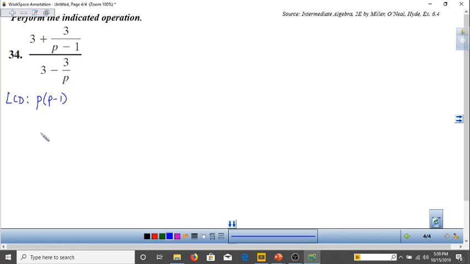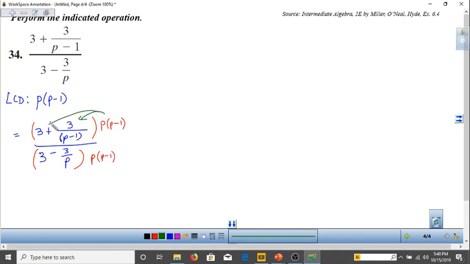So our expression now becomes 3 plus 3 over P minus 1, over 3 minus 3 over P. All of that will be multiplied by the quantity P times P minus 1 in both the numerator and the denominator. And of course, as usual, it gets distributed to each term on each side.